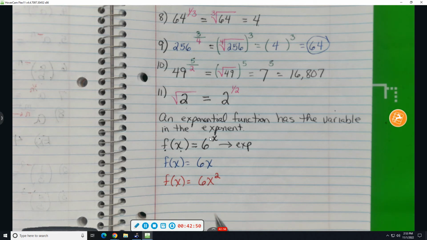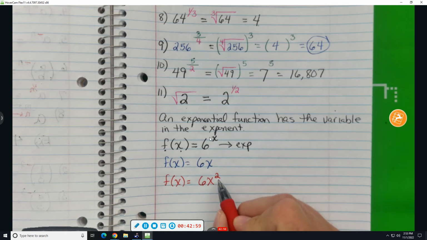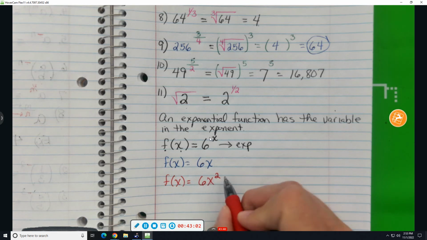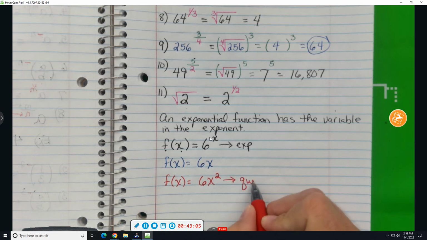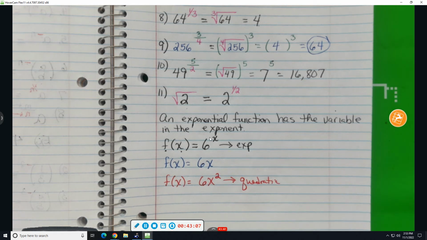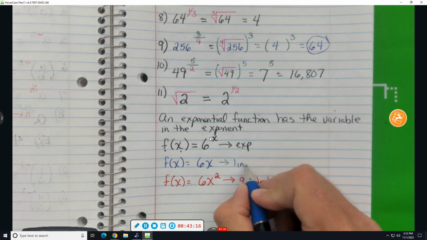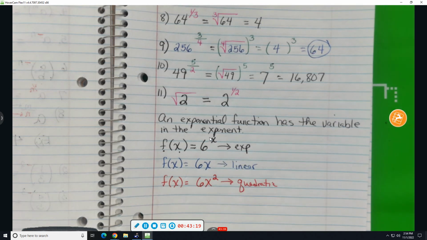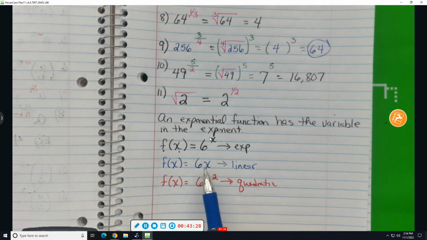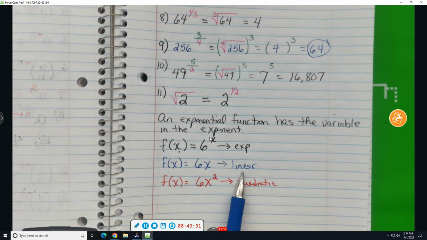Quadratic means there's got to be an x squared. This one right here is the quadratic. Linear functions have no exponents. The one that has no exponent is this 6x. So just to make sure that the terminology is clear, if there's an x squared in it, it's a quadratic function. If there's no exponents at all, like this f of x equals 6x, that's a linear function.